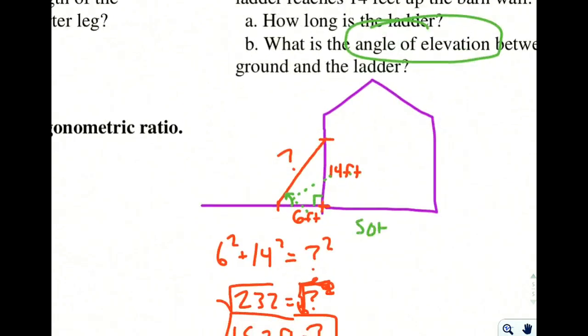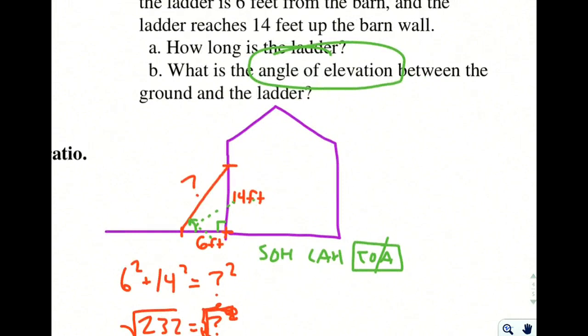So if we think of our SOHCAHTOA, we have opposite and adjacent in the tangent function. It's going to be opposite over adjacent. So we write tangent of our angle, which is unknown, so let's call it theta this time. So tangent of theta is equal to opposite, which is 14, over adjacent, which is 6.